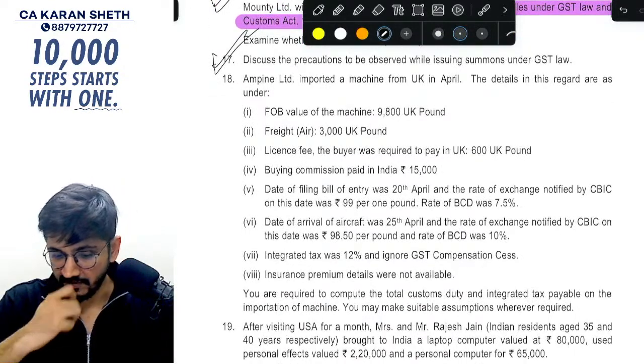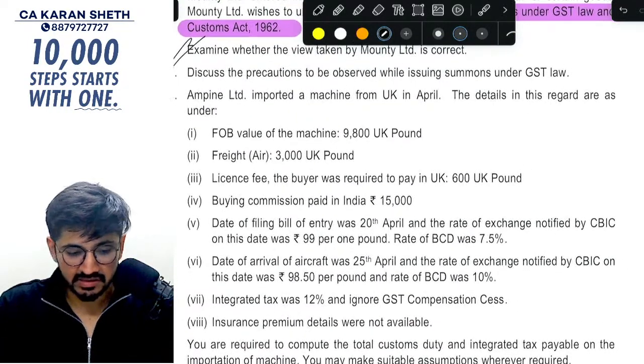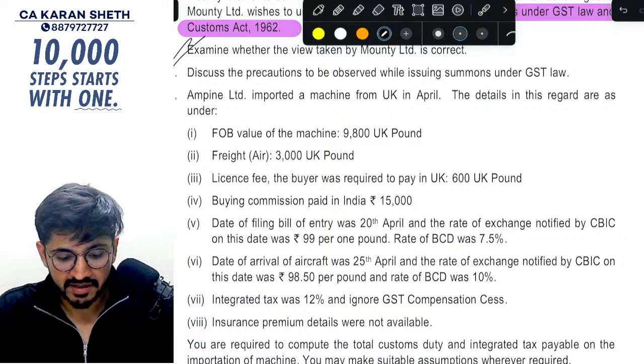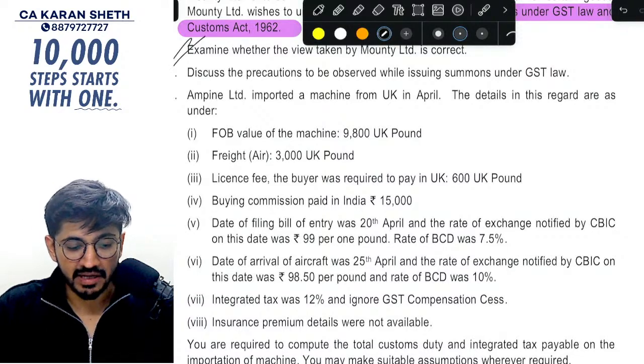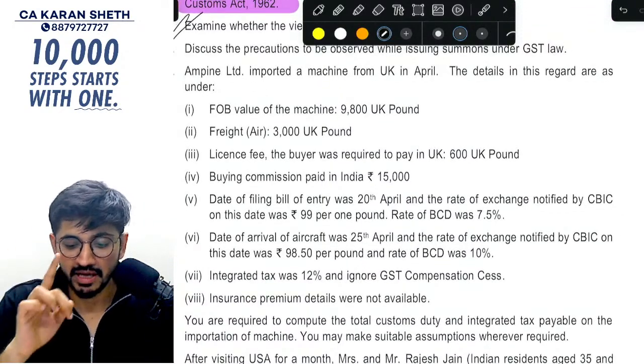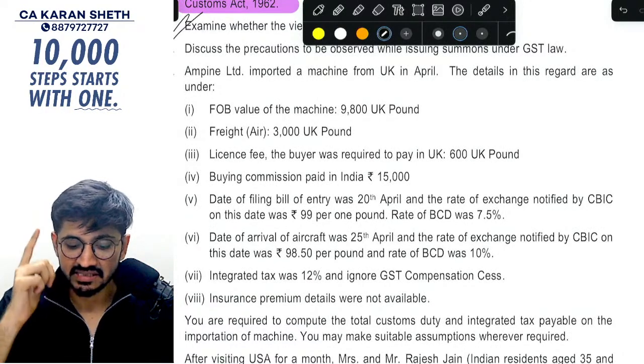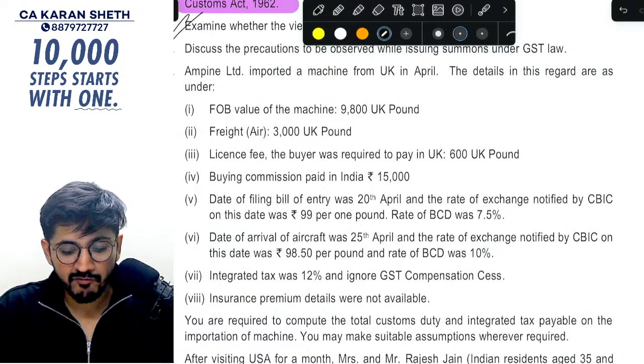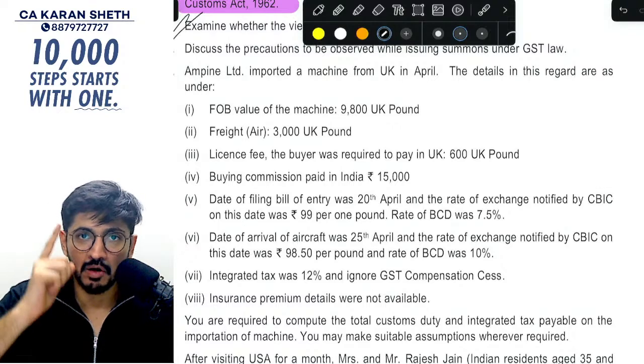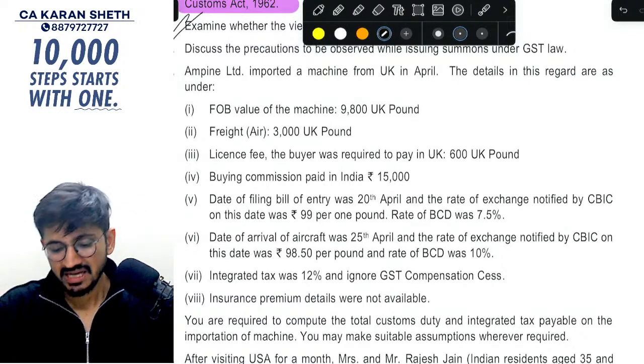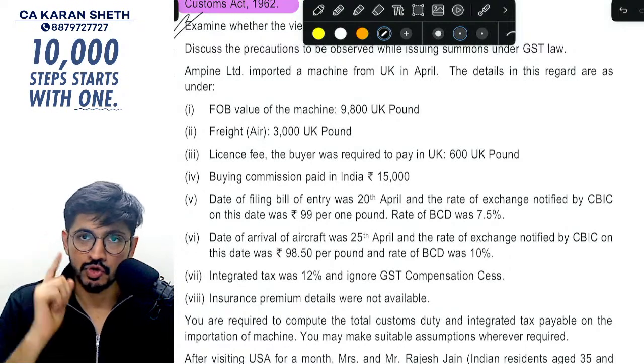Okay? Perfect. 18th question, my dear friends. Empine Limited imported a machine from UK in April. The details in this regard are as under. FOB of the machine, 9,800 UK pounds.